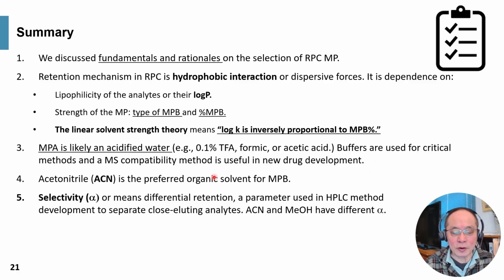Acetonitrile is the preferred organic solvent for mobile phase B. Selectivity alpha, meaning the difference of retention factors, is a parameter used in HPLC method development quite a bit for separating peaks which are closely eluting, called a critical pair. Both acetonitrile and methanol have different alpha, different selectivity impact on HPLC retention.